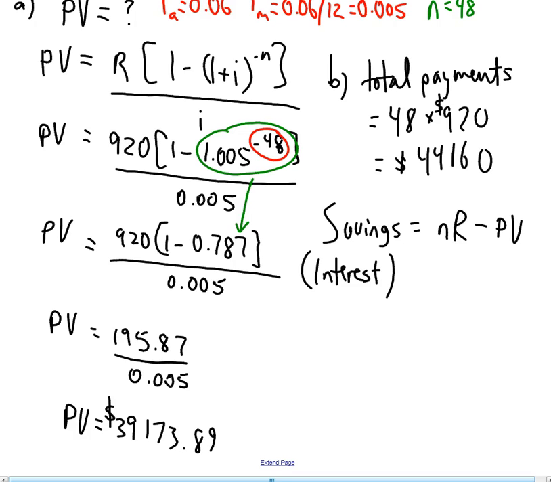The present value was invested once but generated 48 payments. So we just take the difference between that and the present value, and we see that her investment made for her $4,986.11. So that's her savings, because she didn't have to pay that extra amount. Her investment did it for her.